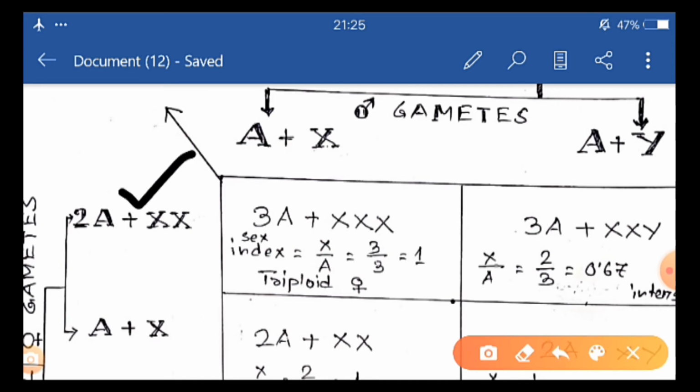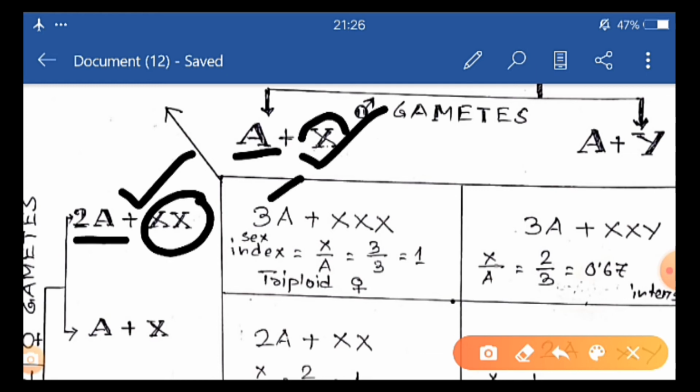Consider this one and this one. So 2A plus A, it will be 3A. Then sex chromosome from here 2X, and here again it is X, that is it will be thrice X. Okay, that is 3A plus XXX. Similarly here it will be 3A plus XXY.